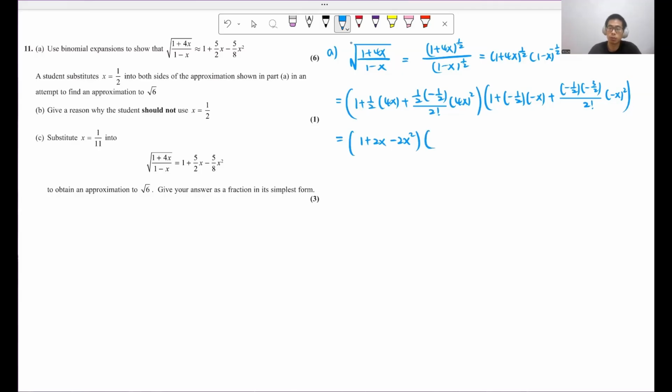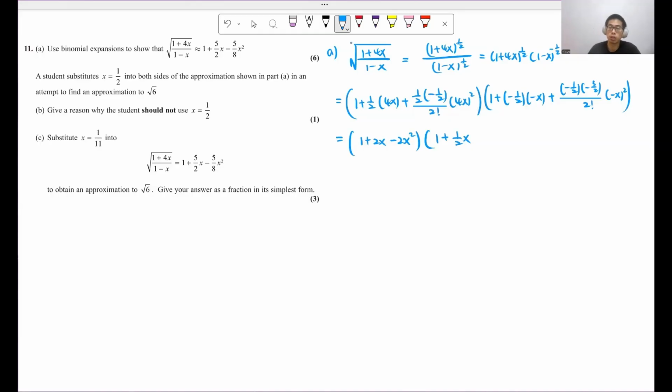And then for the next one, it will be 1, and then negative 1/2 times negative 1, just positive 1/2, so plus half x. And then the next term: negative 1 over 2 times brackets of negative 3 over 2, divided by 2 factorial, times negative 1 squared, just 1.